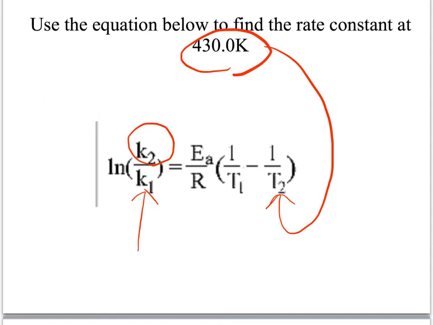Your K1 and your T1 should correspond. They could be the first temperature and your first rate constant, or any two that just correspond from the experiment. Go ahead and calculate it at this time.